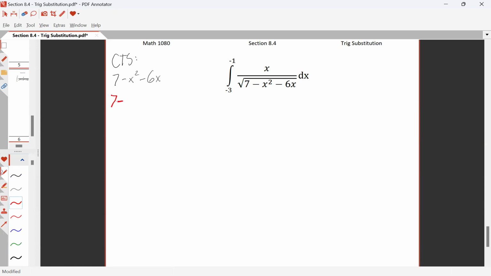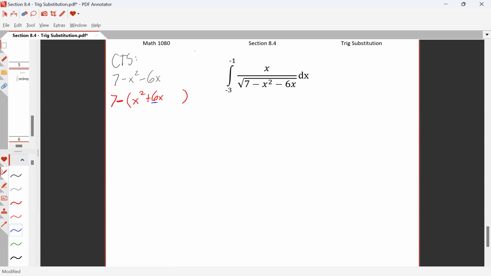We want to separate off the x terms. So I'm going to keep this negative out front and factor out the negative from both the x squared and the 6x to have x squared plus 6x in parentheses. And now complete the square on x squared plus 6x.